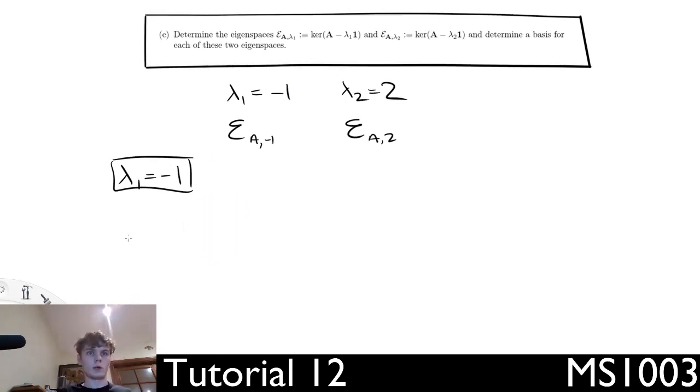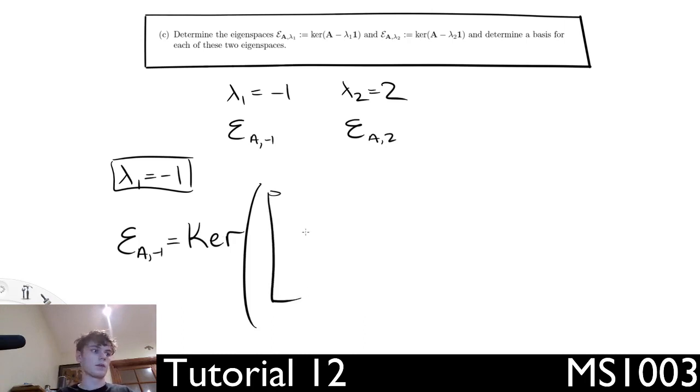And so what I need to do to find the kernel, I want to find the kernel of A minus -1 times I. Then here I'm going to have a minus 1, minus 1, minus 1.